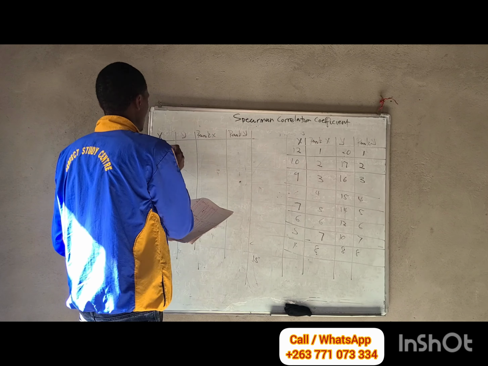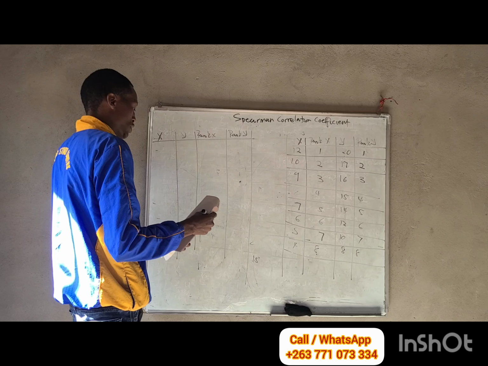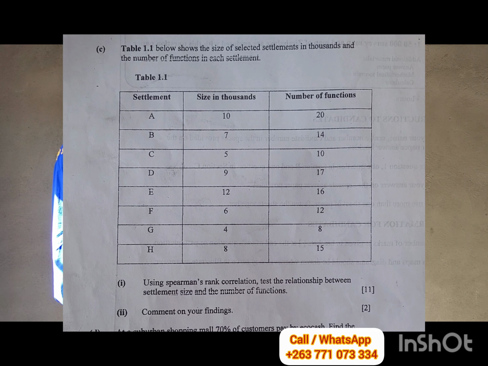So in this case, the first value to be provided, if you can take a closer look at our former order, ZIMSEC have provided us these values in their order. So we are now writing those values in their order as they are provided in the question paper.